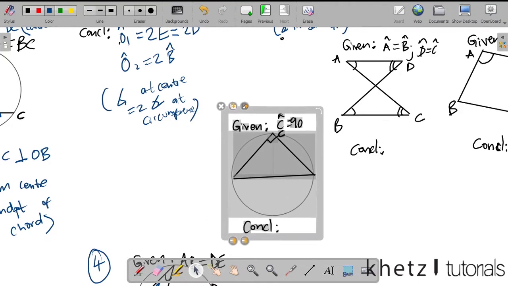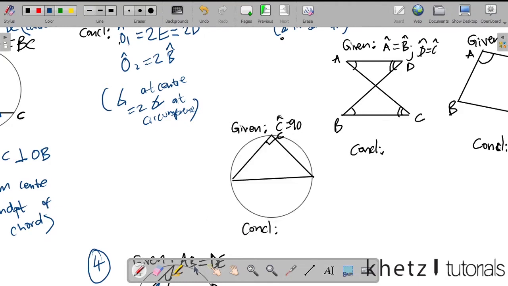So let's write number 6. We have a triangle which is formed by the diameter and 2 lines, and we're given that this angle C is equal to 90 degrees, given the conclusion from the previous one.